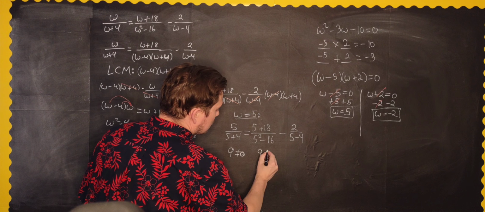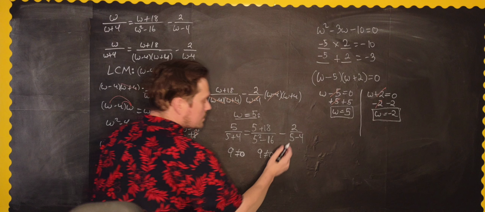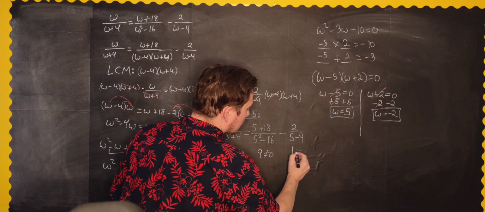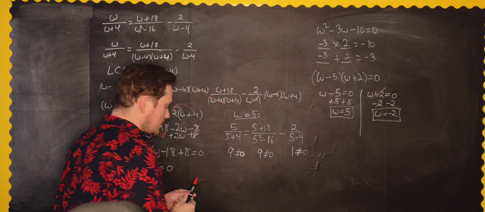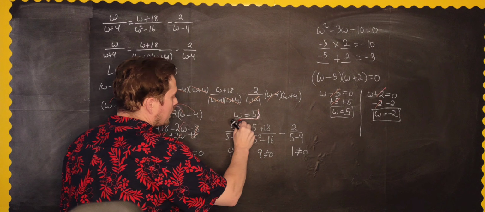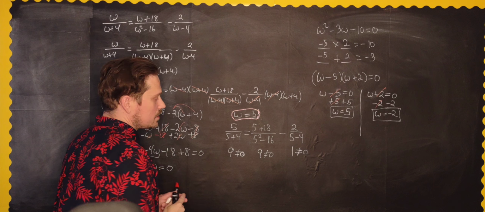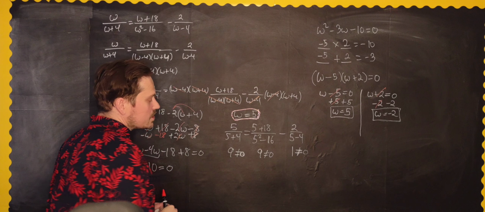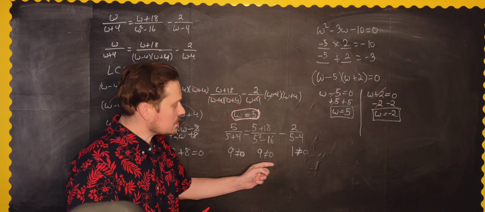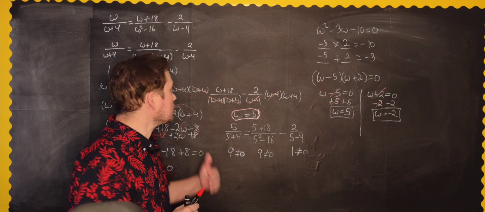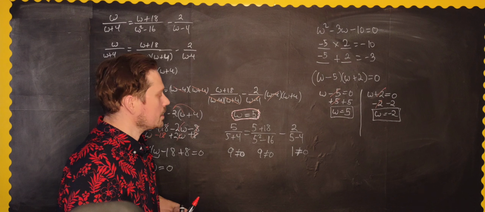So 9 again is not equal to 0. This is 5 minus 4, which is 1. 1 again does not equal 0. In other words, this answer of w equals 5 works out. You have to do the rest of the check, but the big idea is it gives you denominators, each of which is never equal to 0, which is what you need for rational equations.